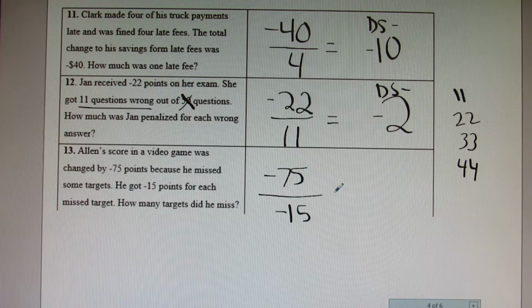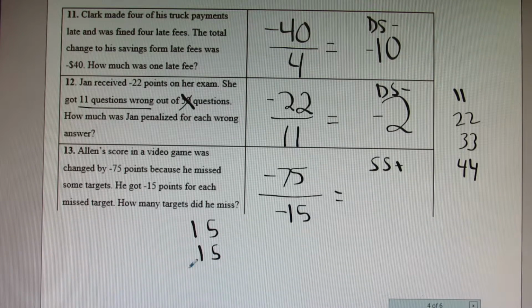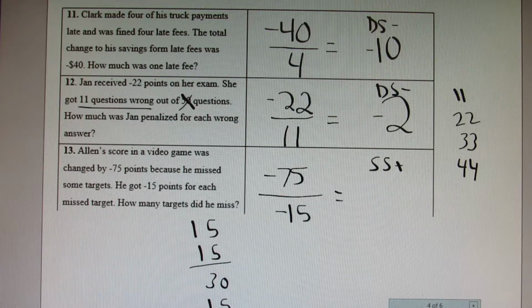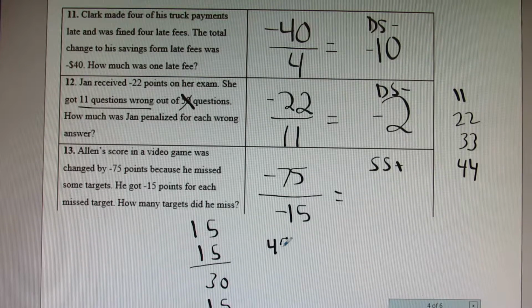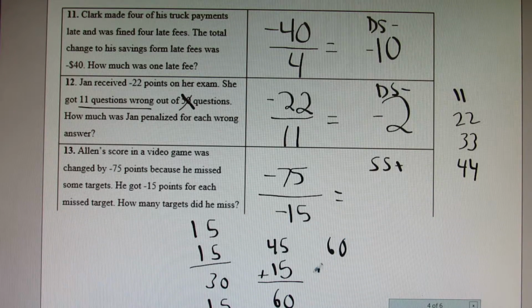Now, I might not know my 15 times tables, but I do know that these have the same signs, and so my answer is going to be positive. So I'm going to start adding some 15s on the side over here. 15 plus 15 makes 30, plus another 15 makes 45, plus another 15 makes 60. I'm almost there. Plus another 15 makes 75.